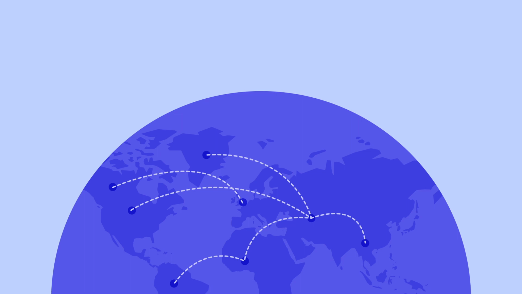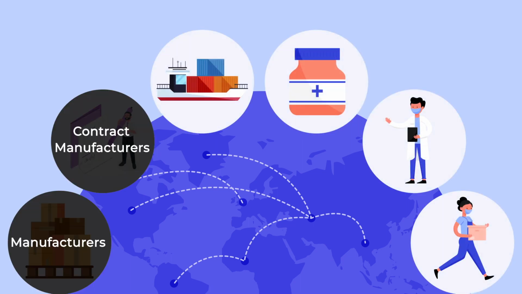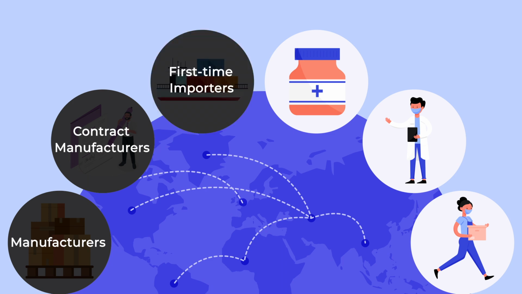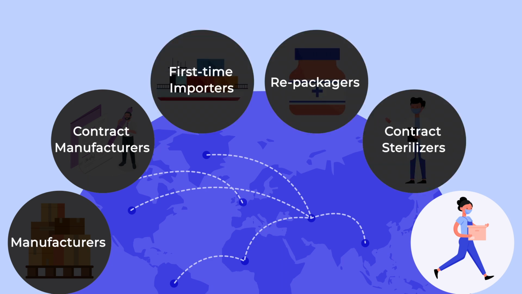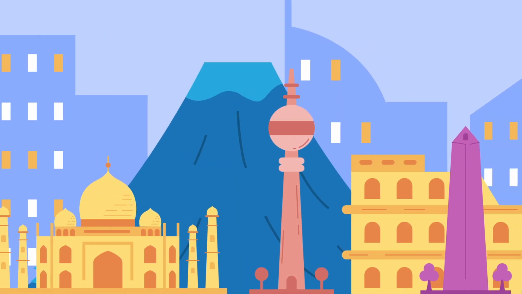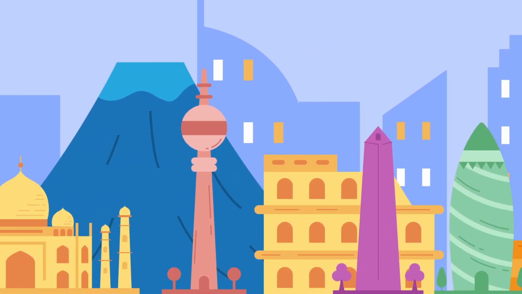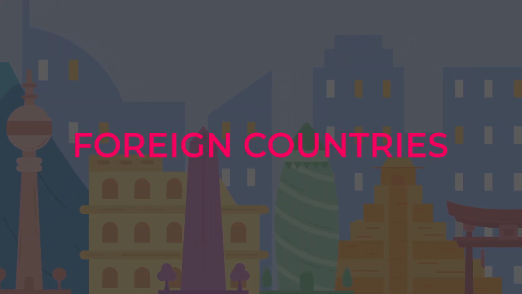Specifically, establishments in 15 categories, including manufacturers, contract manufacturers, first-time importers, repackagers, contract sterilizers, and specification developers, must register with the FDA. It should be noted that not only businesses in the U.S., but also applicable establishments in foreign countries need to be addressed.